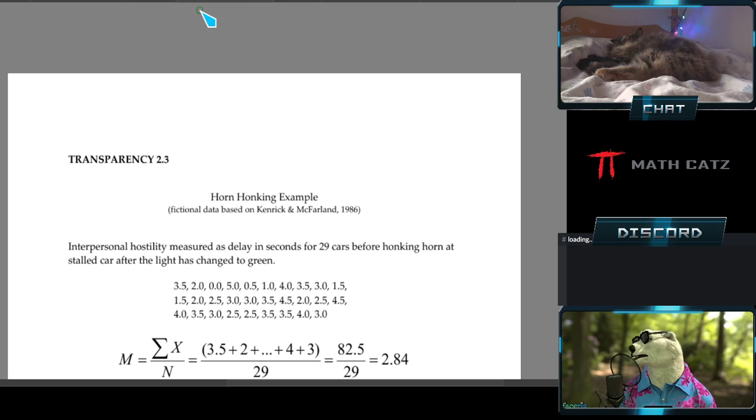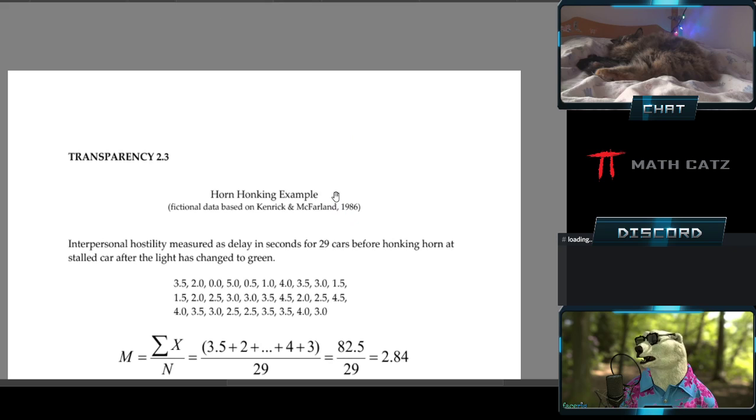Look at another example where we want to go back to the mean, more important especially when it comes to numerical variables. Let's look at this horn honking example, which you may remember.